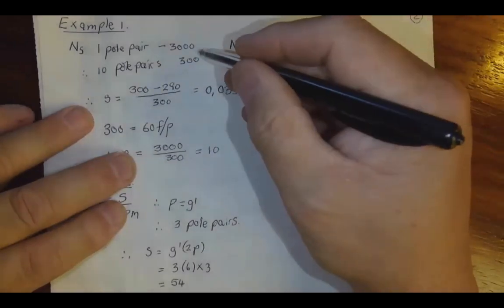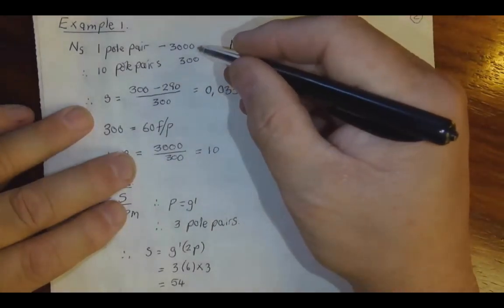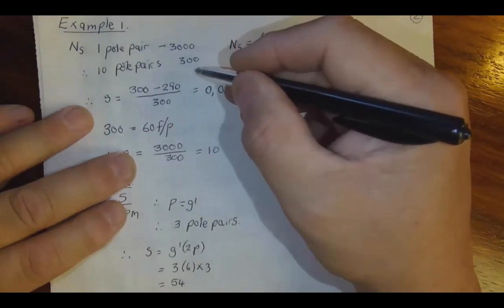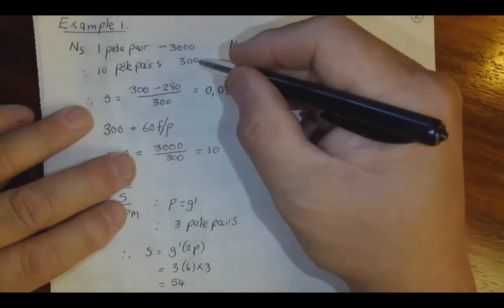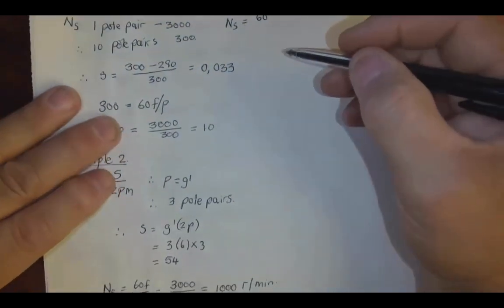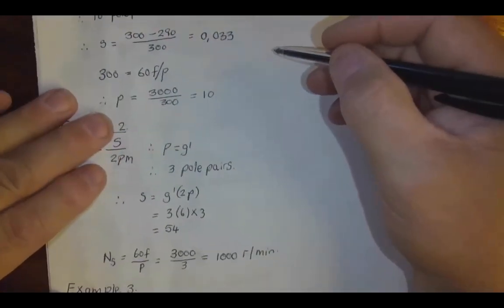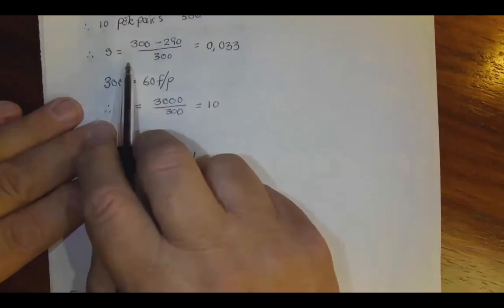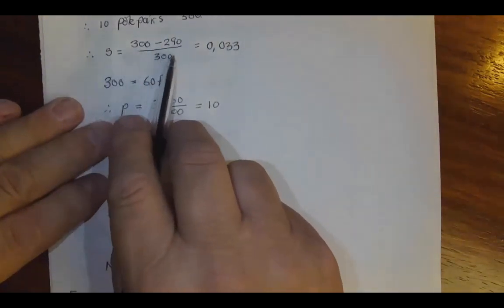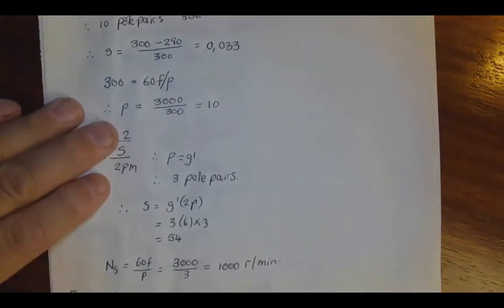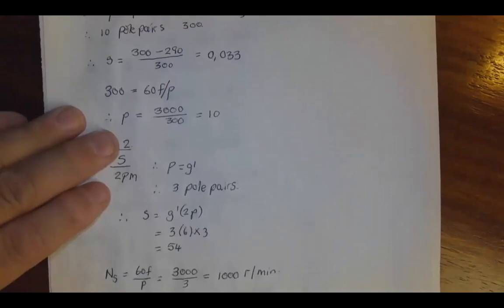That'll give us a speed of 3000 revs per minute. Now, if we times it by 10, then we will get 10 pole pairs is 300 revs per minute. So let's say then the slip is 300 minus 290 divided by 300. That gives us 0.033.